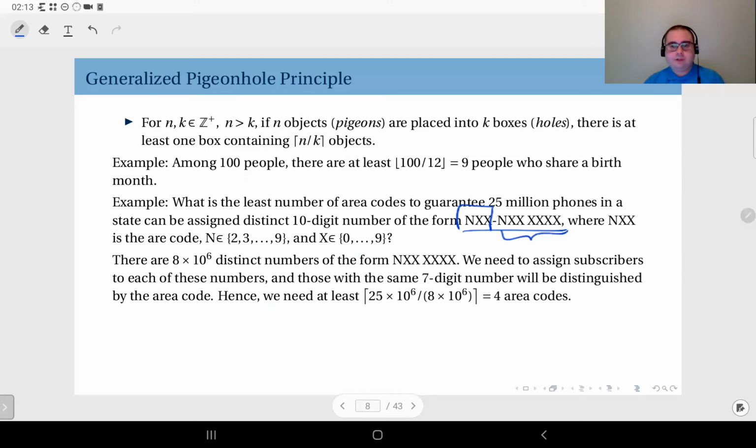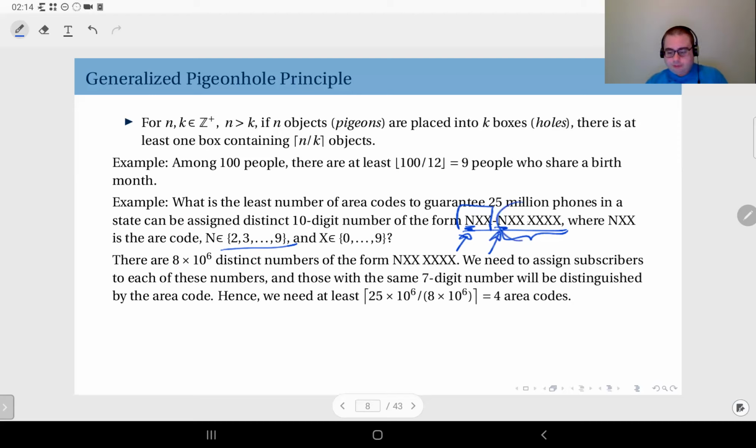Here X represents any digit 0 through 9, and N represents, now you have one N here, another N here, these are not the same numbers. It's a little bit misleading notation, but N here represents any digit between 2 and 9. So what we mean by this notation is the leading number here should not be 0 and should not be 1, and the same goes for this leading number.